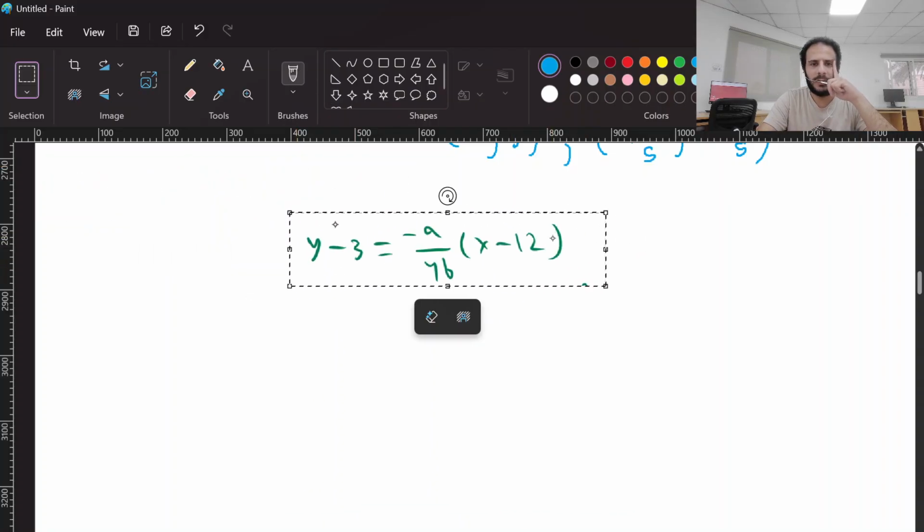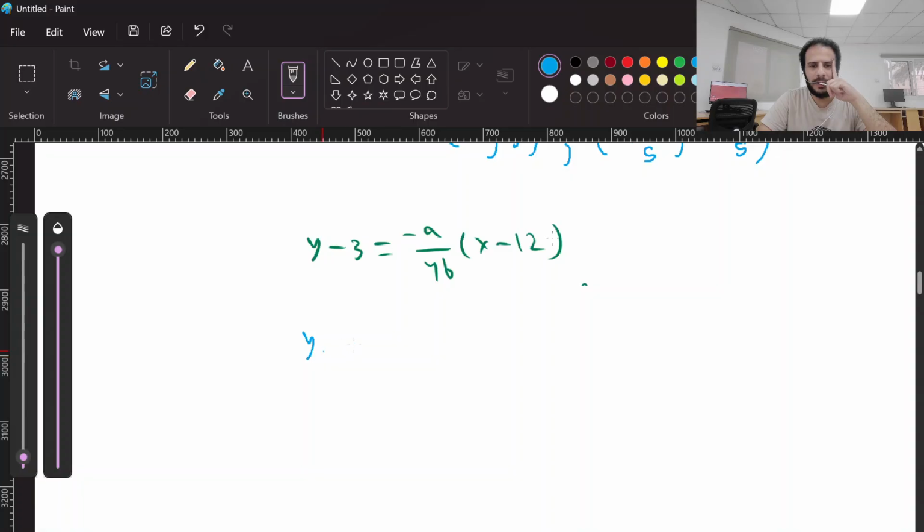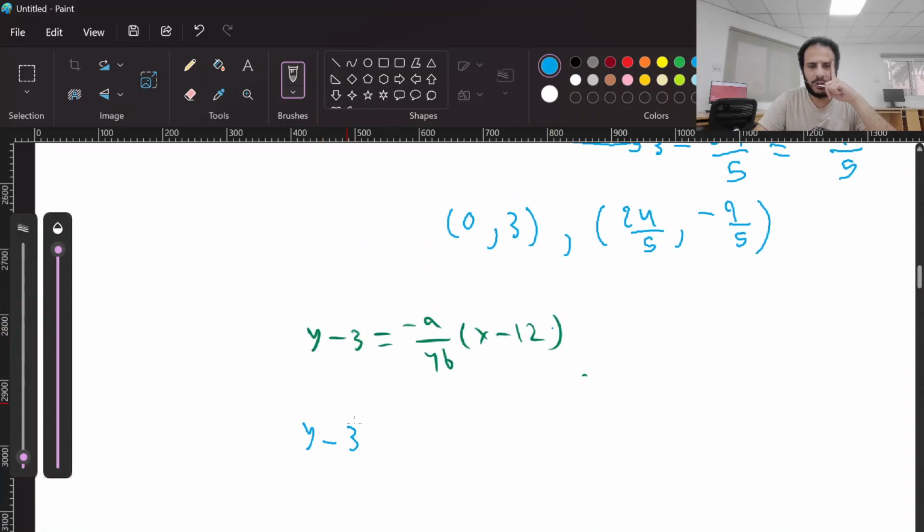So here, substitute, you get y minus 3. This is equation 1. Y minus 3 equals... what is minus a? Minus a is 0, right? So y minus 3 equals 0. This is the first equation. Second equation, y minus minus 9 over 5... No, sorry, it's 3. It's constant.